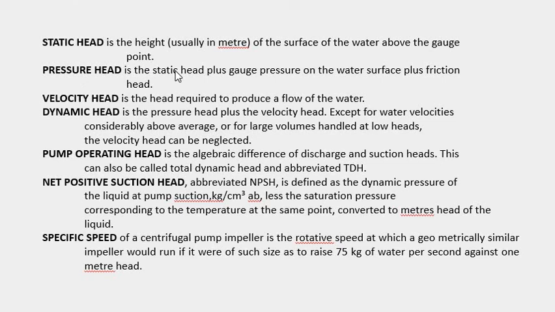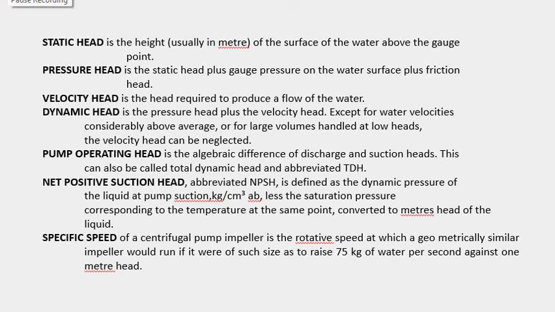Next, pressure head is the static head plus gauge pressure on the water surface plus friction head. Velocity head is the head required to produce a flow of water. Dynamic head is the pressure head plus the velocity head, except for water velocities considerably above average or for large volumes handled at low heads, where the velocity head can be neglected.